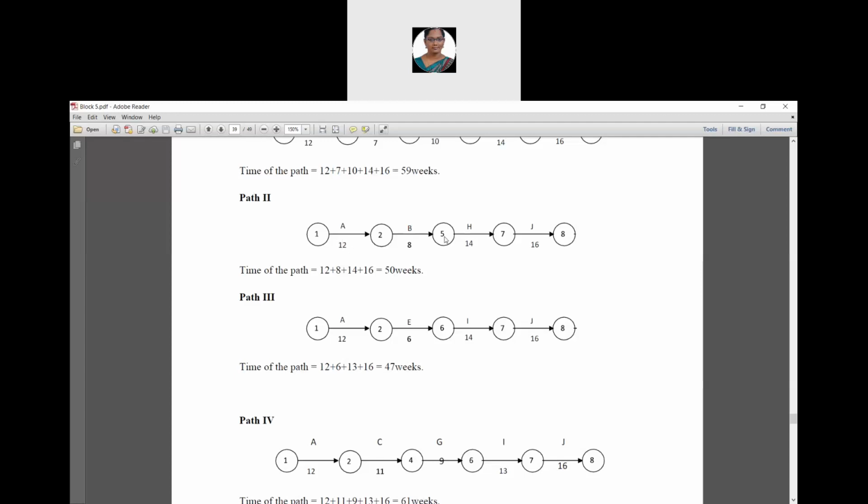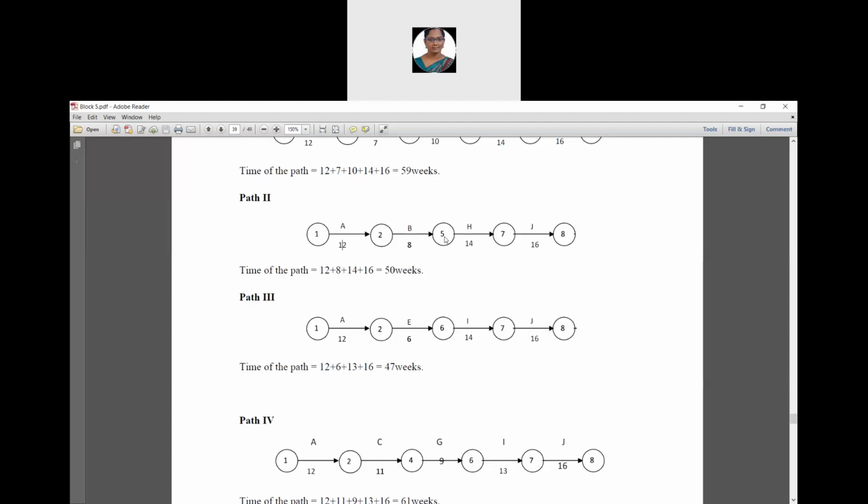Then path 3, it also starts from the starting node 1 and ends with the ending node 8. And 1 to 2 is having an activity A and its time duration is 12. 2 to 6 is having an activity E and its time duration is 6. And 6 to 7 is having an activity I and its time duration is 14. 7 to 8 is having an activity J and its time duration is 16.